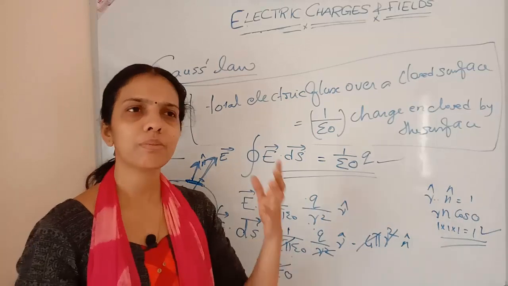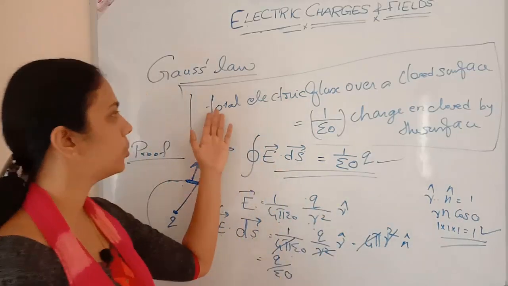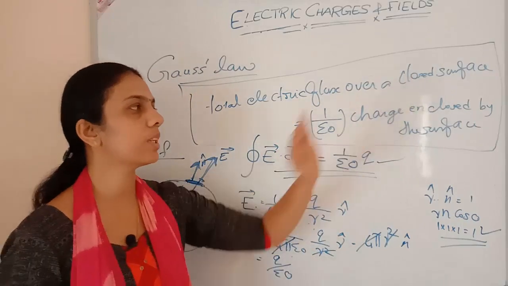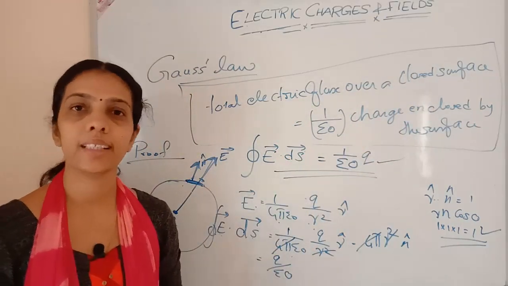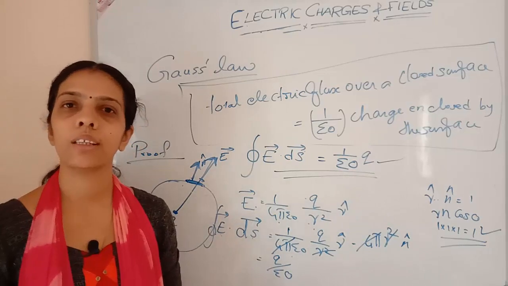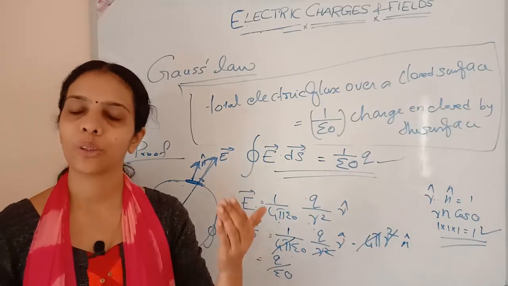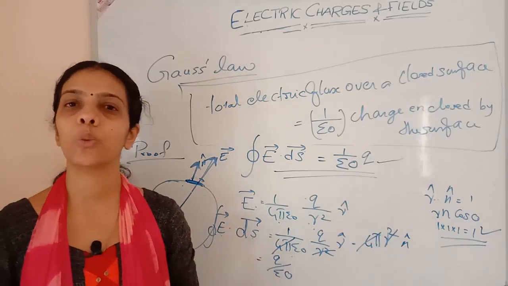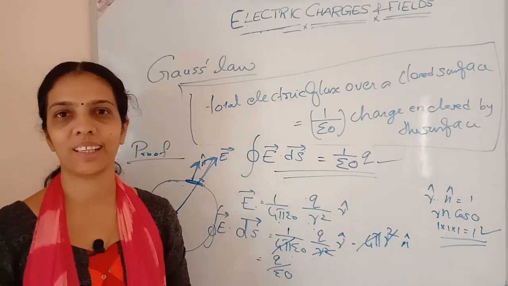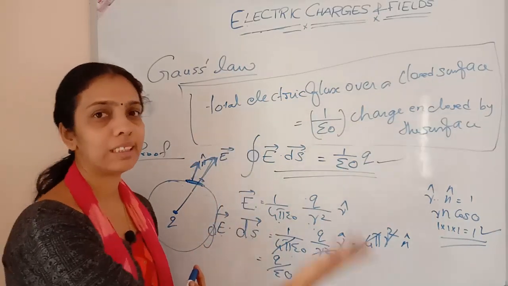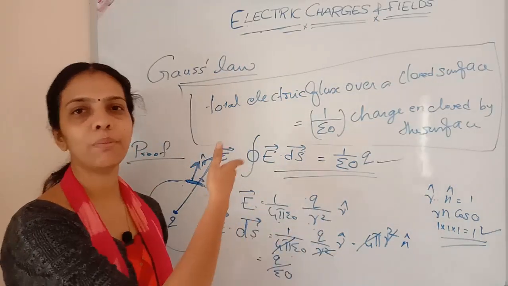Here for Gauss law we already learned that the total electric flux over a closed surface is equal to 1 by epsilon 0 times the charge enclosed. In the same way, Coulomb's law also we learned: the force between two point charges is equal to 1 by 4 pi epsilon 0 q1 q2 divided by r square. So here we can derive Coulomb's law from Gauss law.